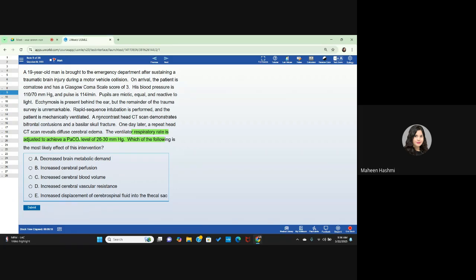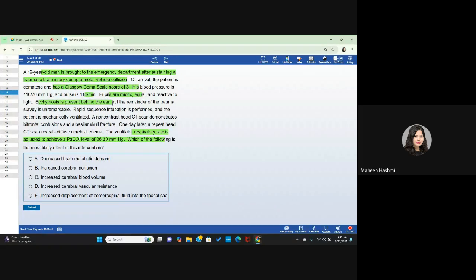Okay. So again, a 19-year-old man is brought to the ED after sustaining a traumatic brain injury due to a motor vehicle collision. On arrival, the patient is comatose, Glasgow coma scale of 3. You don't have to memorize this, so it's not important. His blood pressure is okay. Pulse is a little erratic. Pupils are myotic.